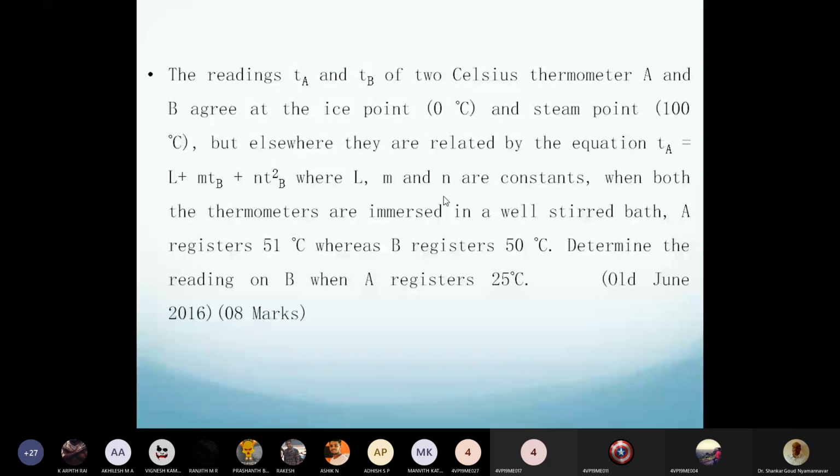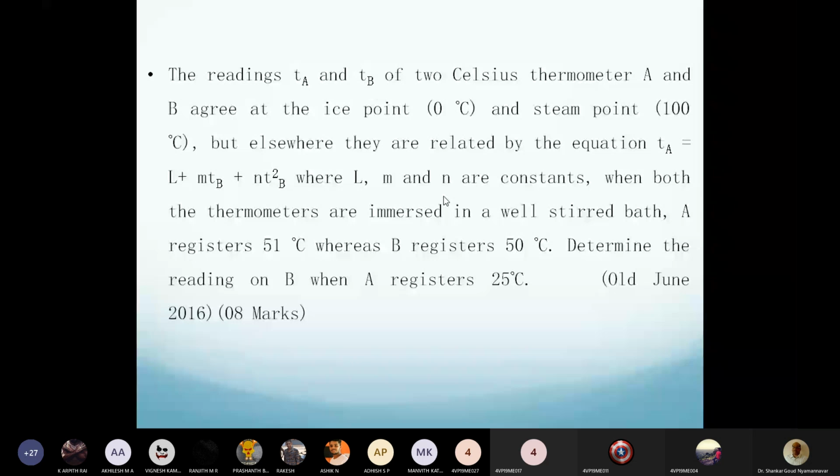Divide this equation by 50 throughout. So the left side will be 51 by 50, equal to M plus N into 50, or 50N. So these two simultaneous equations you have to solve. First equation is 1 is equal to M plus 100N. Second equation is 51 divided by 50 is equal to M plus 50N.